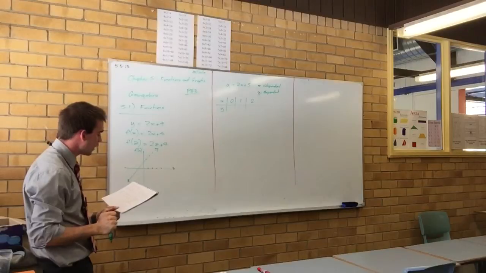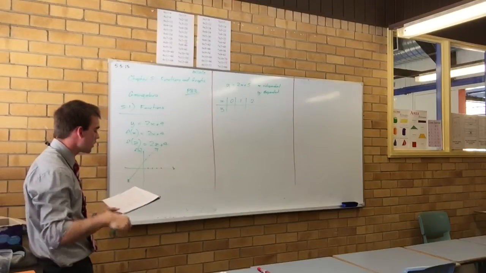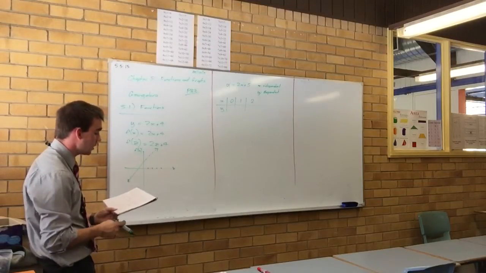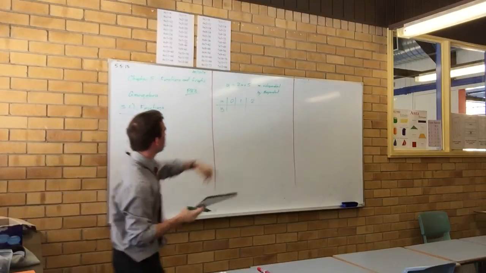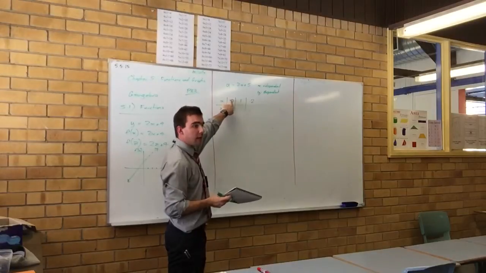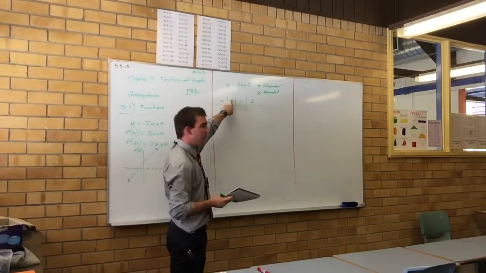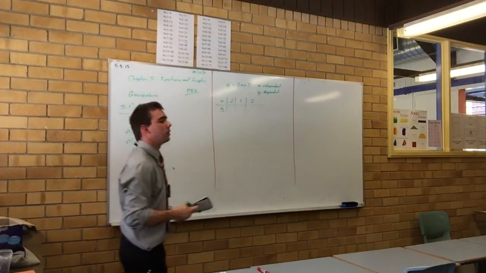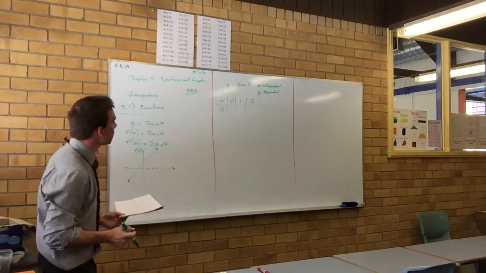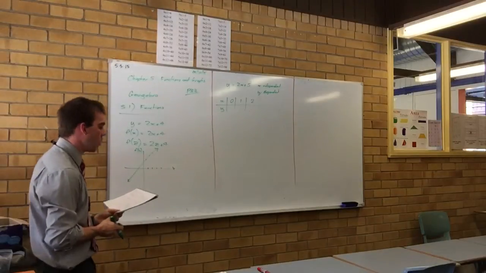The x value does not depend on the y value, so we say the x value is independent. The y values depend on the value above them to complete our table of values. Likewise, all these values for y will depend on the x value that you put into that table.